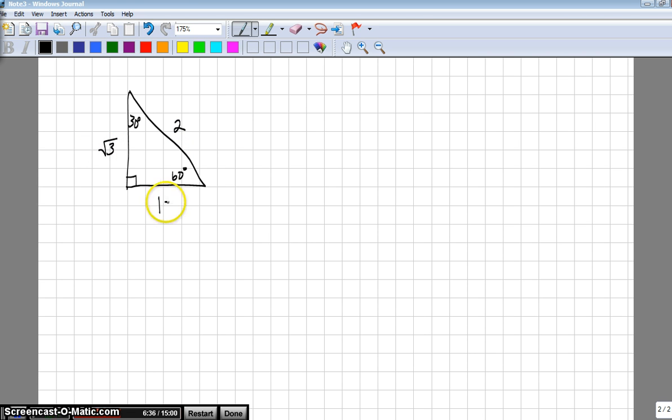Some teachers put variables in and say it would be 1x, 2x, and x square root of 3. And all that means is that no matter what the short leg is, the hypotenuse is going to be twice that, and the long leg will be that number times the square root of 3. And then we also have our 45-45-90 right triangle.